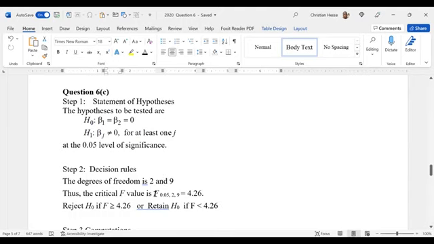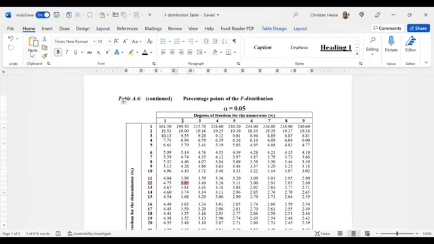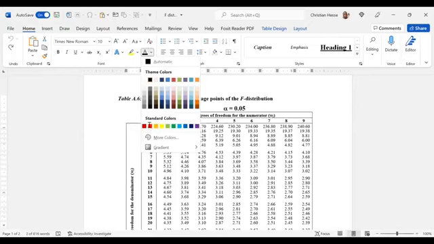Please read from the F distribution table, F 0.05 with 2 and 9 degrees of freedom. What will be the value? 4.26. Good. So it is equal to 4.26.